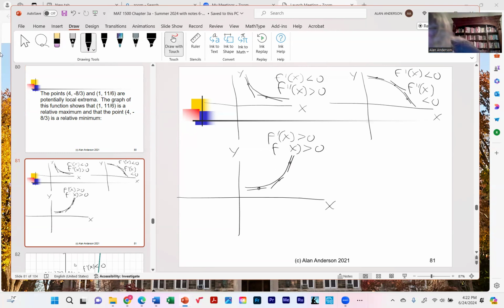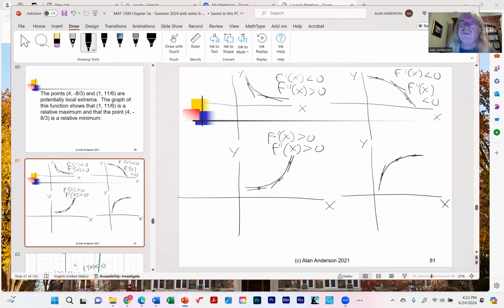And then finally, there's one more case we want to consider. Something like that, you can see again, it's positive, but the slope is declining as x increases or moves to the right. So therefore, while the first derivative is positive, the second derivative is negative.